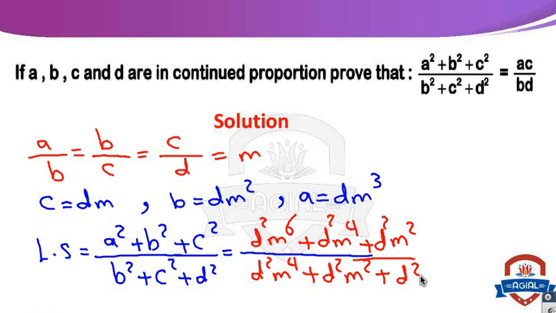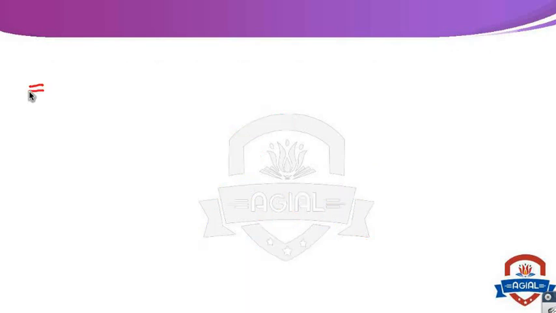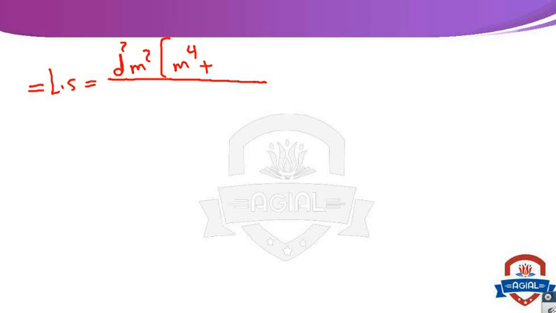Left side equals, by taking the H.C.F. between them, D squared M squared times M to the power 4 plus M to the power 2 plus 1, over, also taking D squared as the highest common factor between them, M to the power 4 plus M to the power 2 plus 1.